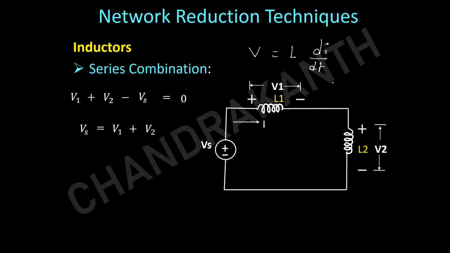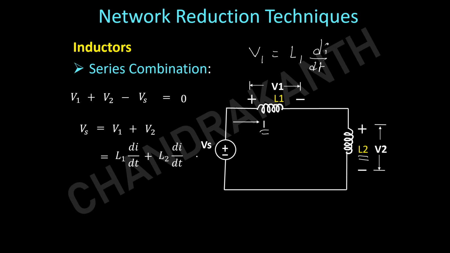So if you want to write the equation for V1, it is L1 times di by dt. So that is what you write here. Your V1 expression becomes L1 di by dt. Similarly, your V2 expression becomes L2 times di by dt.